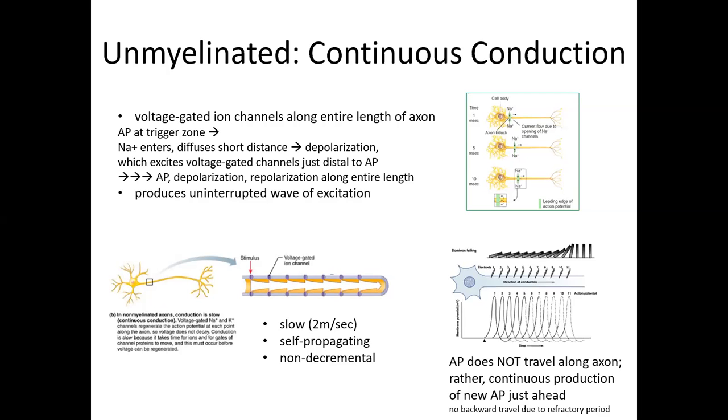So somebody's aerosols can get on somebody else's. But basically, that is the distance that this could travel in 1 second. So it's self-propagating and it's the same impulse at every point, so it's non-decremental. That's what happens without myelin.